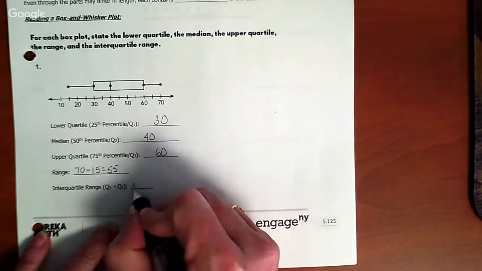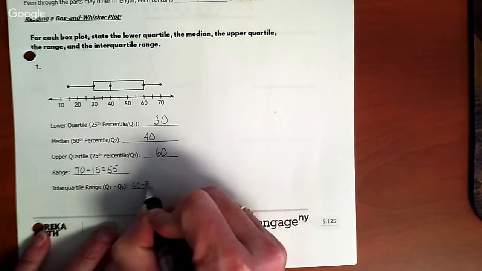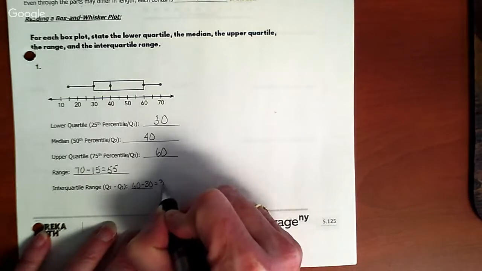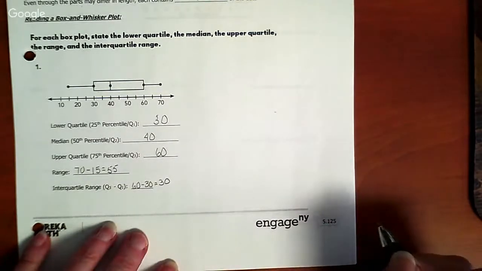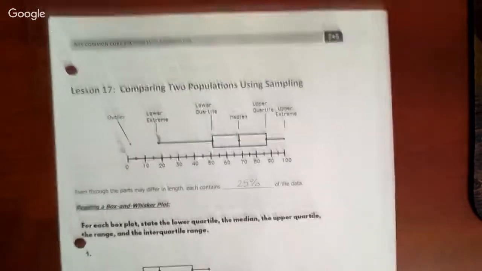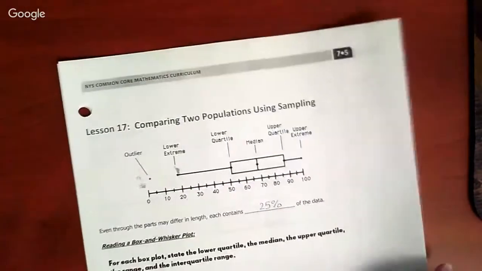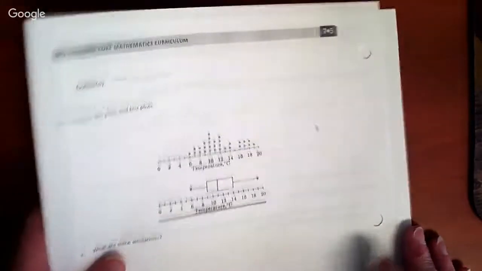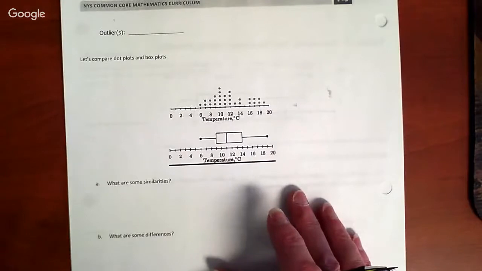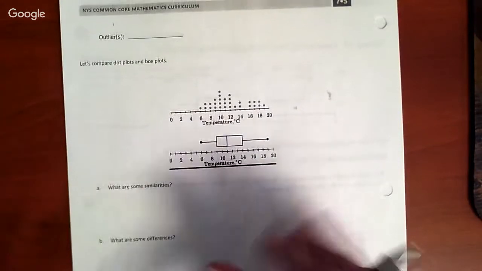So it's 60 minus 30, which equals 30. All right, next. The outlier as well, we have none here.